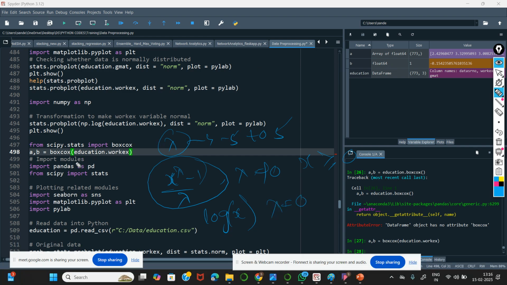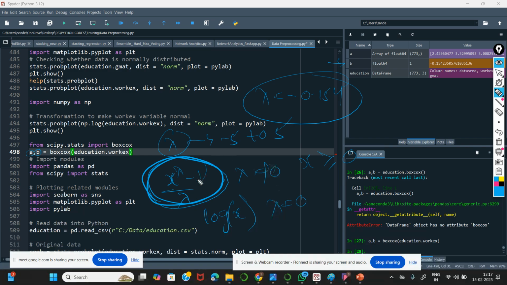It has calculated one lambda value and that lambda value got stored inside b. I gave a, b so that b stores the lambda value and a stores the result of using this formula. Using this formula, it will transform the data. As you can see here, in my variable explorer, the b value is given as minus 0.154. This is my lambda. Is this lambda equal to 0? No, this is not equal to 0.